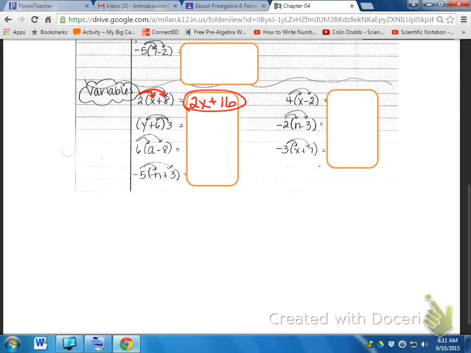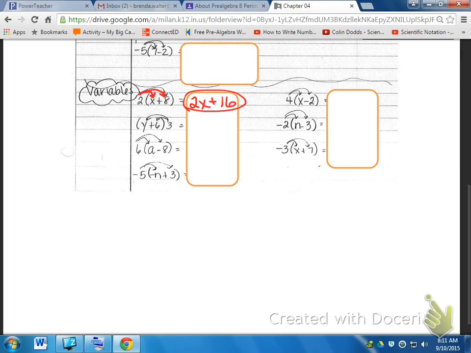You can't combine any further because the 2x has the x, and the 16 is a plain old number. Those can't be combined together. We talk more about that tomorrow, but right now you just stop with 2x plus 16.